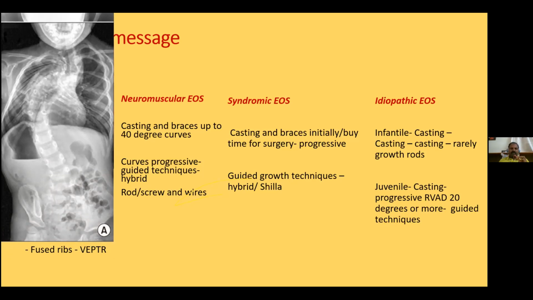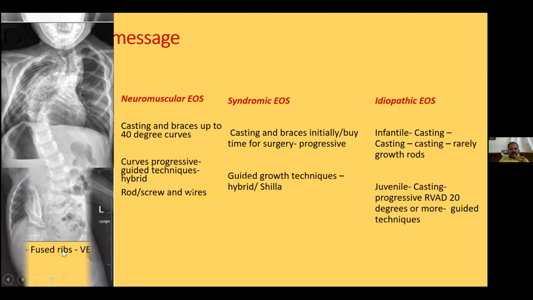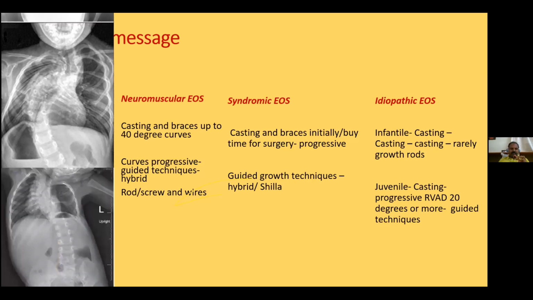So you have to do anchors and distraction, and then go for a fusion later on. If you see a few strips like this, then a vector. Maybe in our setup we can't do a vector, so you use growing rods again. Use hooks in the thorax on the ribs, get anchor points distally, and then use growing rods. That's what I would do.